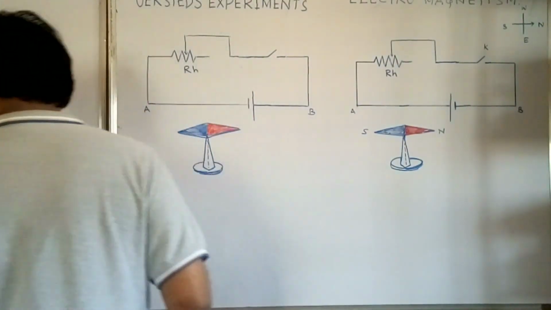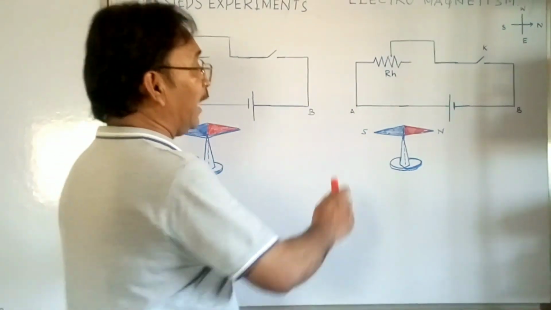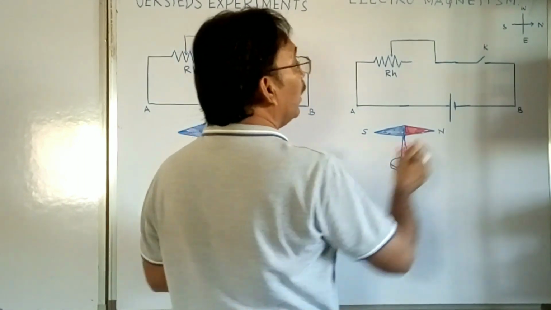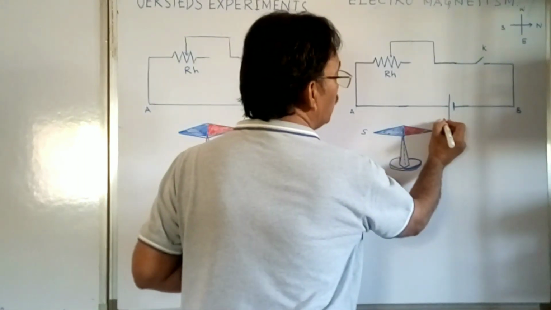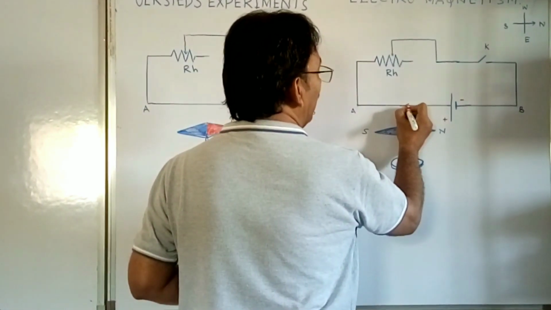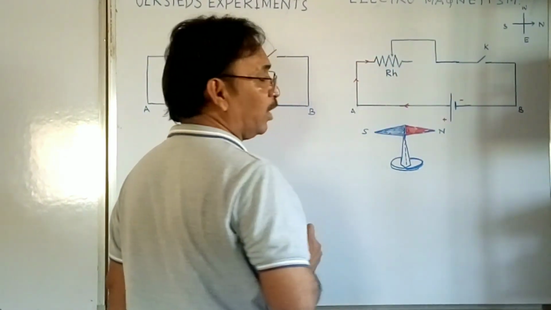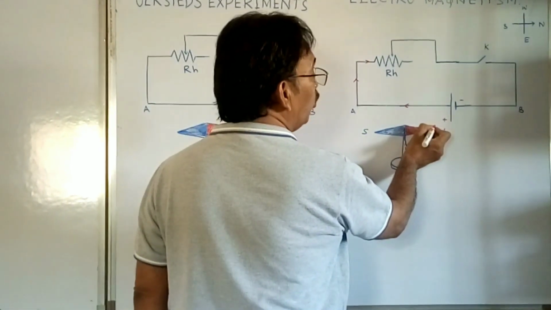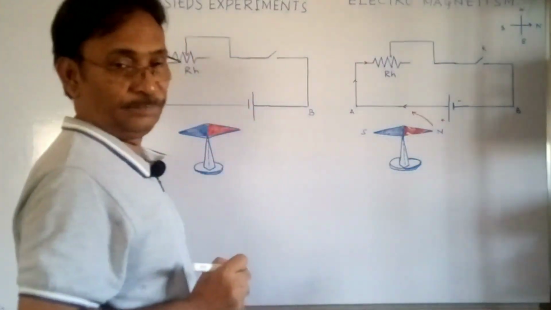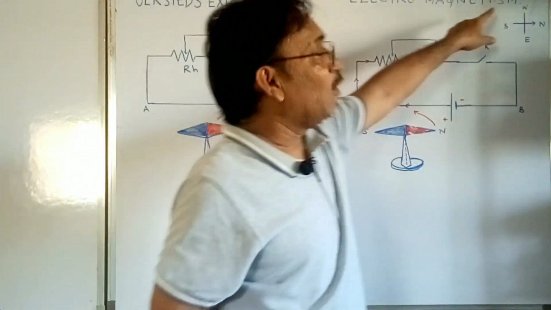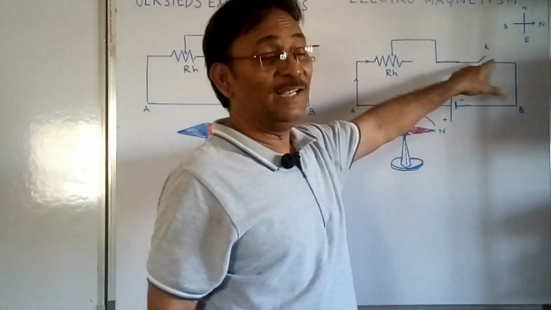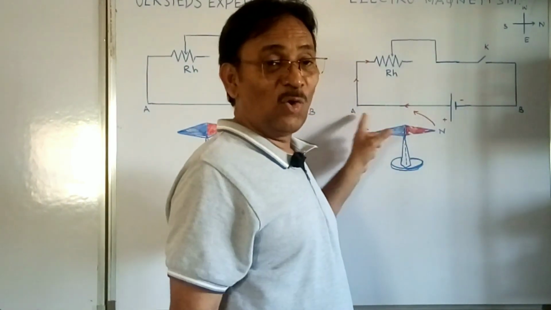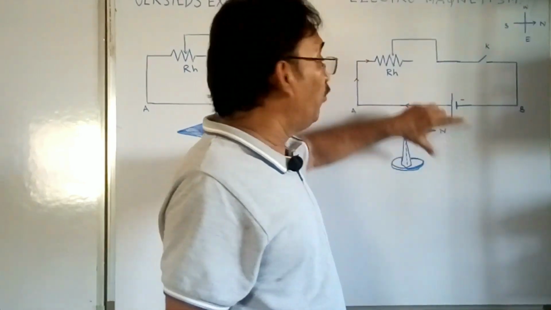If you watch carefully, you will find that when current is flowing from south to north, as I showed in the directions, with the positive terminal here and the negative here, and the current flowing like this, the magnetic needle deflected towards the west. When he released the key, the needle again aligned along AB. Then he pressed it again and found the same result.